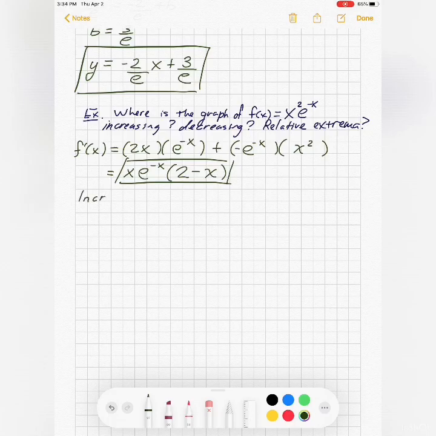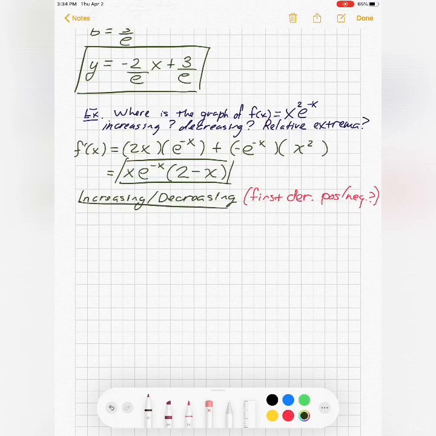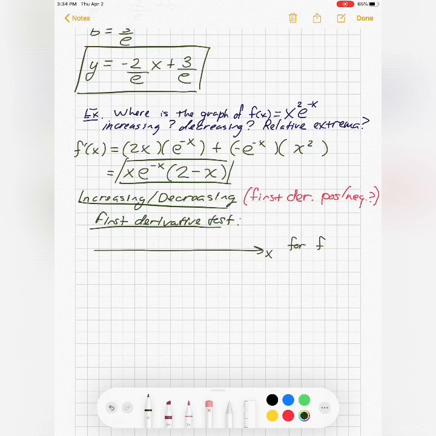Okay, so now to determine where this guy is increasing, decreasing, remember what I'm looking for there is the first derivative positive or negative. Okay. So I use my first derivative test. So I make my sign chart for the first derivative.